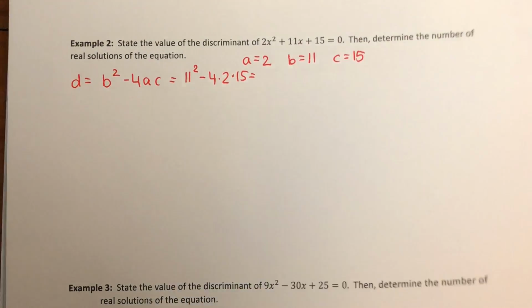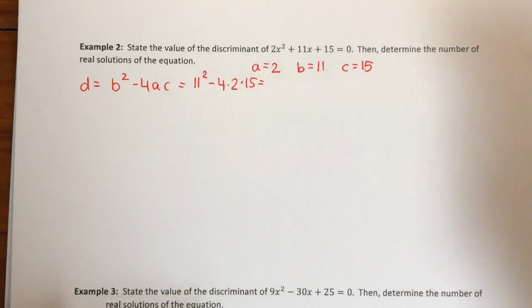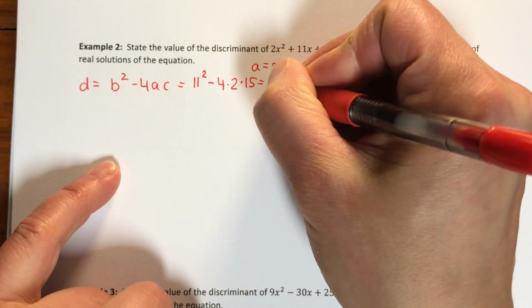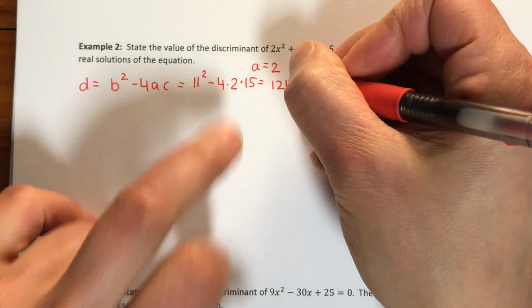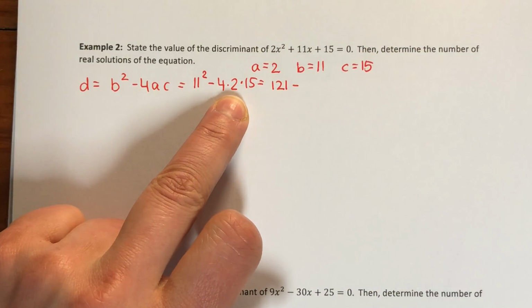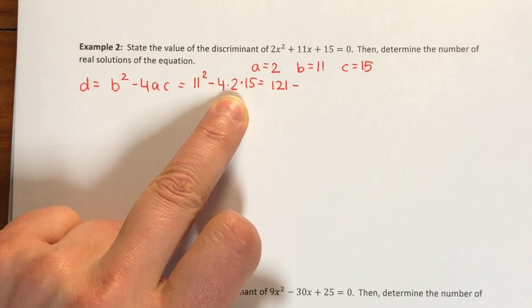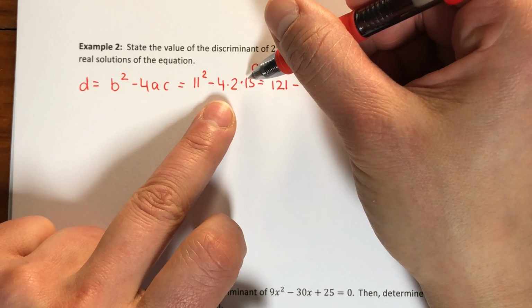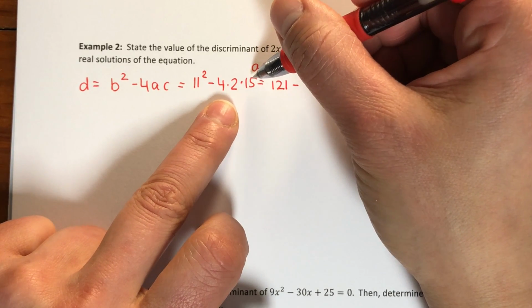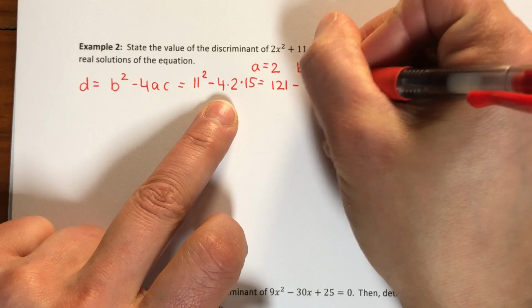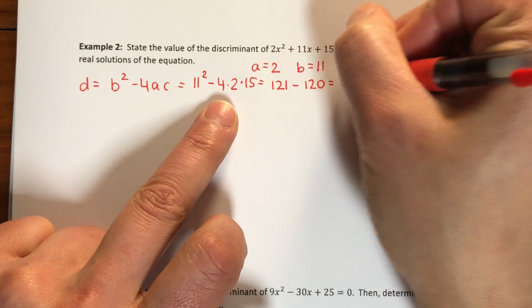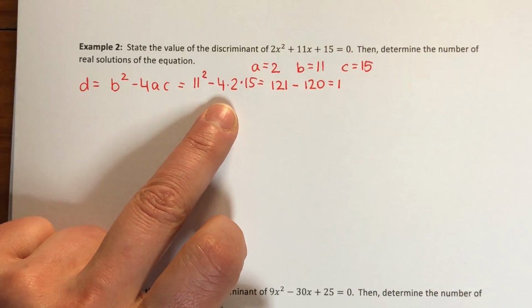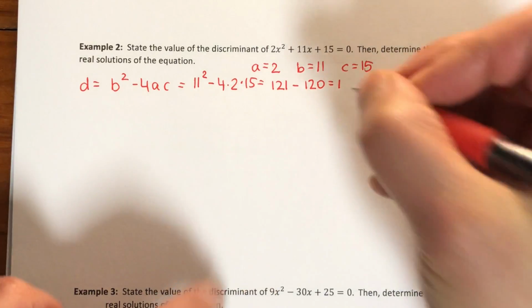11 squared is equivalent to 121. 4 times 2 is 8, 8 times 15, I do not want to make a mistake. 10 times 8 is 80 and 40, so 120 if I did not make any mistakes. So 121 minus 120 is equivalent to 1.